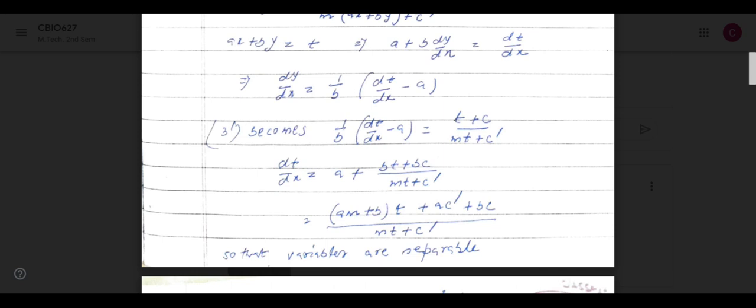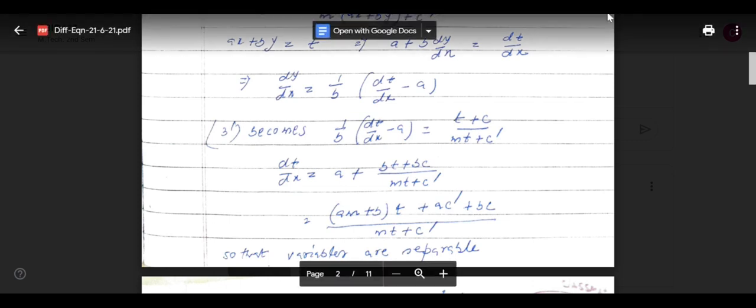Then from this equation, can you find out what dt/dx is? What is dt/dx?